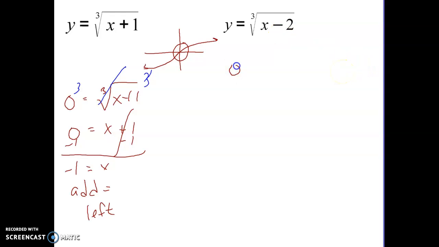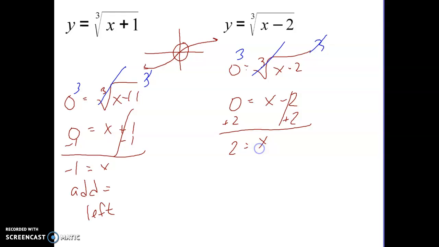I'm going to put in a 0 for y, and then we're going to solve this for x just like we did before. To get rid of the cube root, I'm going to cube both sides. Cube and cube root cancel one another out. So on the left-hand side, 0 cubed again is 0. On the right-hand side, I have x minus 2. So I'm going to add 2 to both sides.